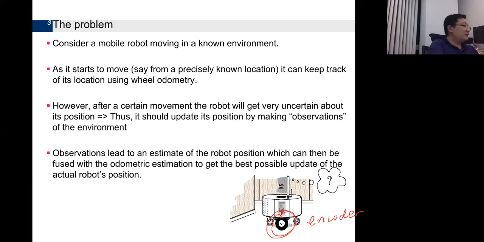So after a certain movement of the robot, we'll get quite uncertain about its position, right? Because the encoder will make mistakes. It doesn't make mistakes in counting the ticks, but makes mistakes when you have a slippery floor. So there is slippage between the wheel and the ground.